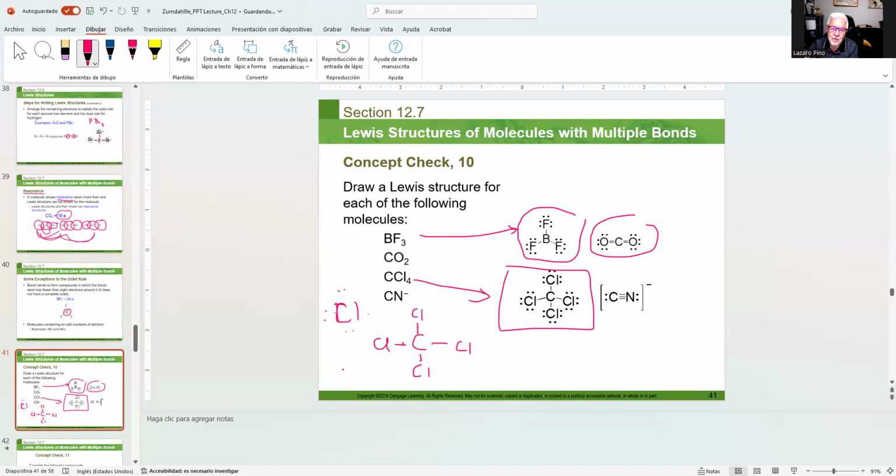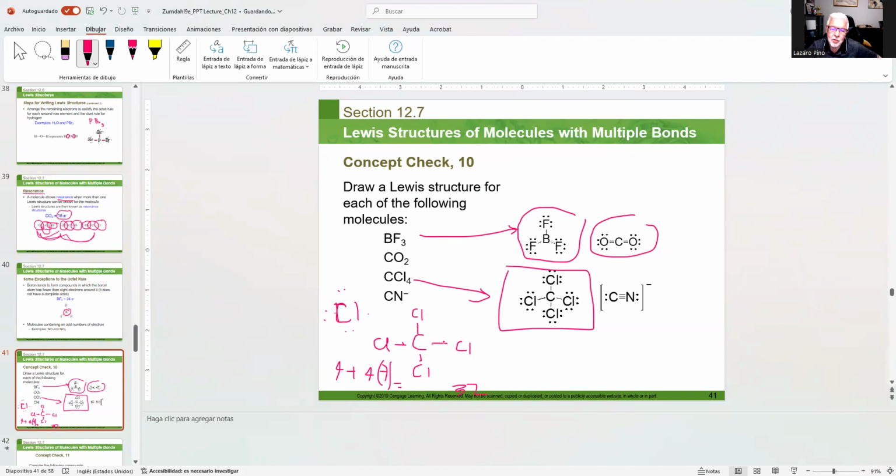Since we have 4 chlorine atoms, how many valence electrons do we have at all? Well, we have 28 plus 4, 32 valence electrons.